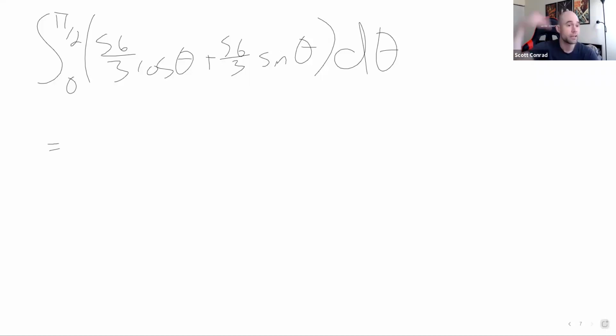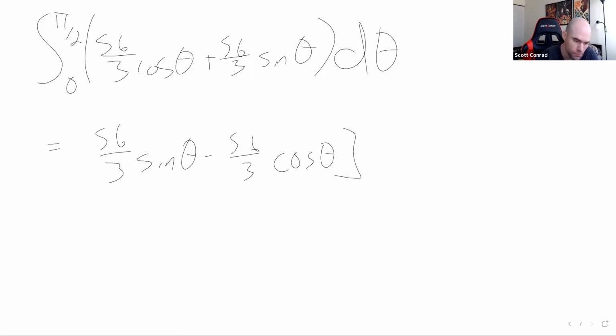So cos theta integrates to sine theta, and sine theta integrates to negative cos theta. Think of it as cos of x, right? If you integrate sine of x, it becomes negative cos x.